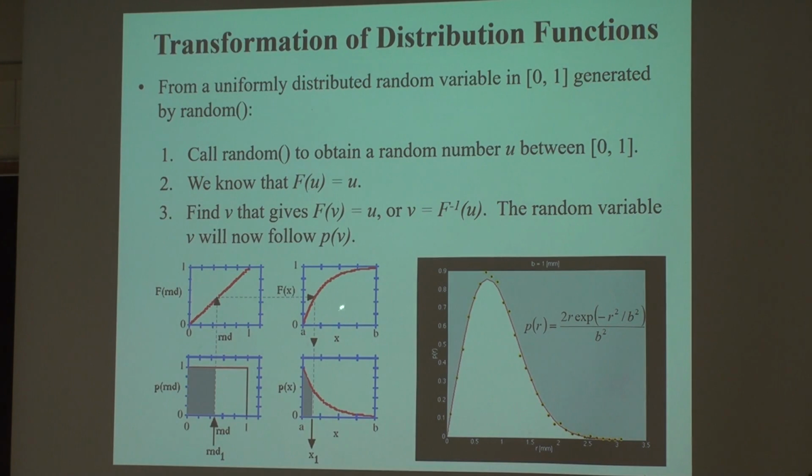This is the mapping to your desired CDF; this is a probability density. Taking the derivative of this one is not needed. You just take this point, and this is the random number that you need.